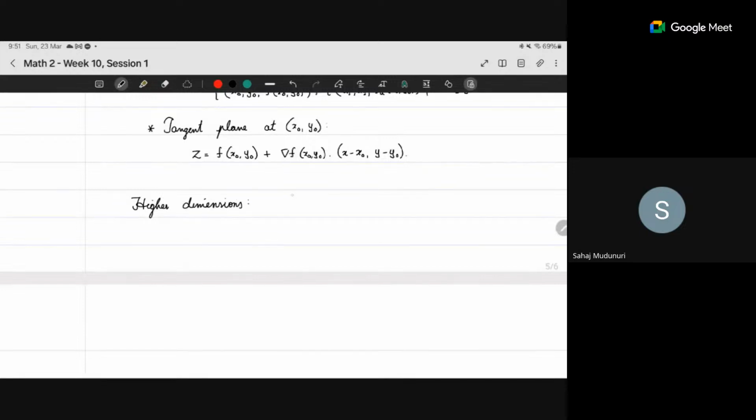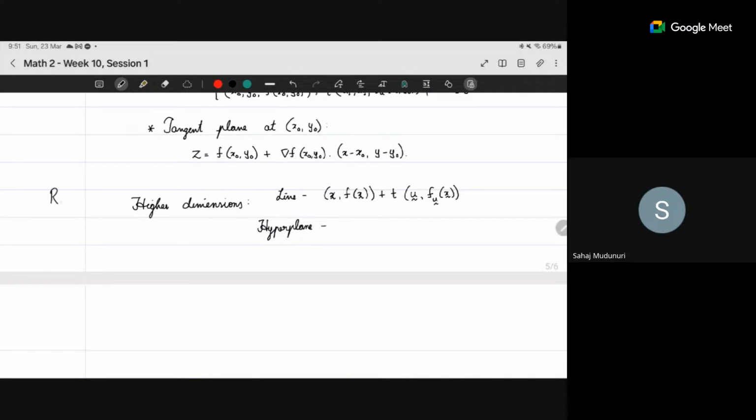For higher dimensions, you'll have the line. I'm not going to write the whole thing: (x tilde, f of x tilde) plus t times (u tilde, f_u tilde of x tilde). And there you will not have a plane, you will have something called a hyperplane. Hyperplane means a plane which is of dimension 1 less than the space it is in.